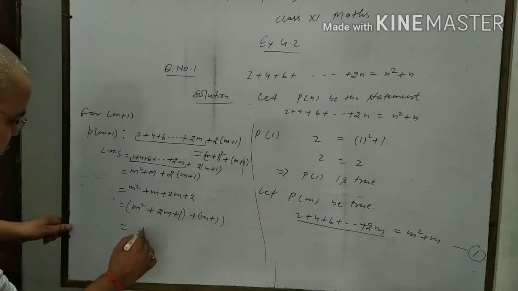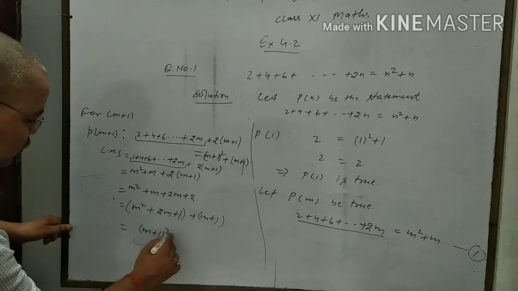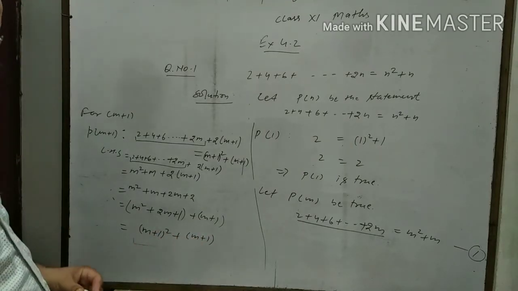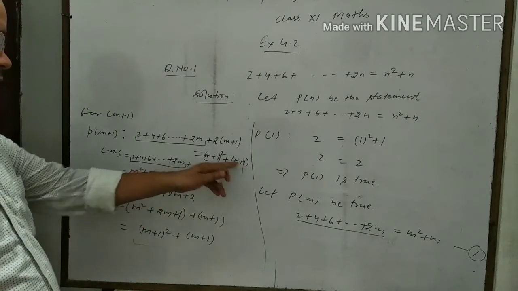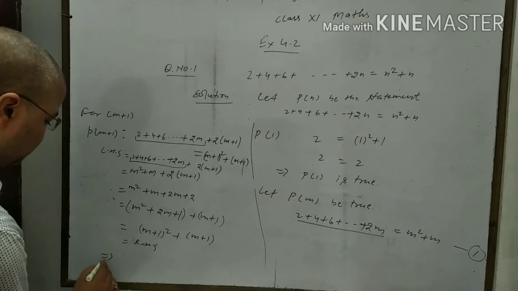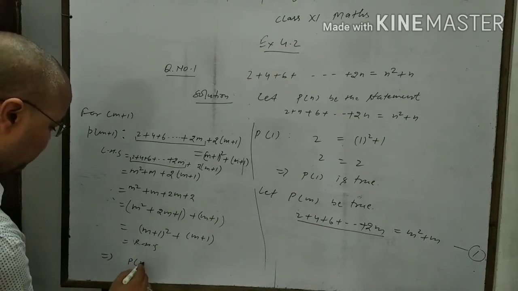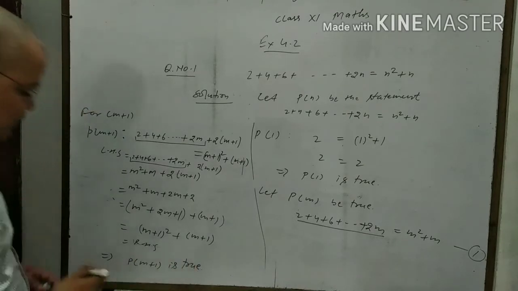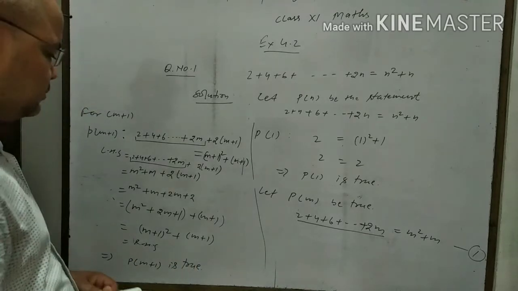Then it will be equal to m plus 1 whole square plus m plus 1 here, which is equal to right hand side. This implies that Pm plus 1 is true.